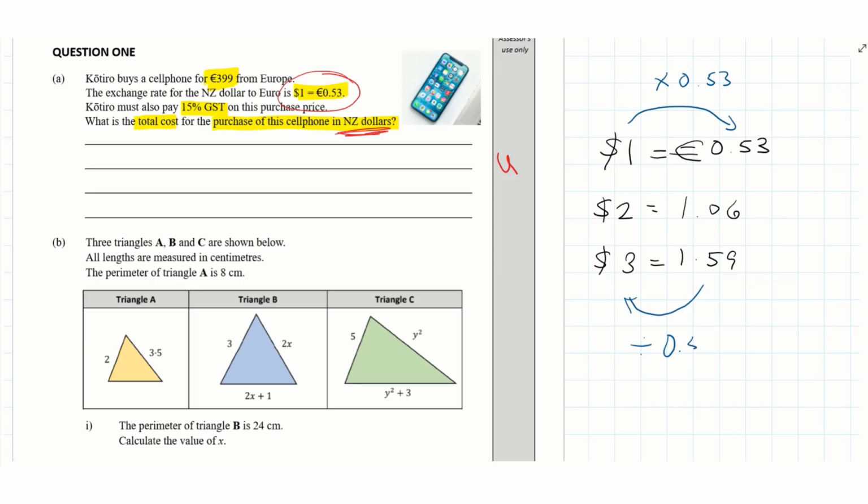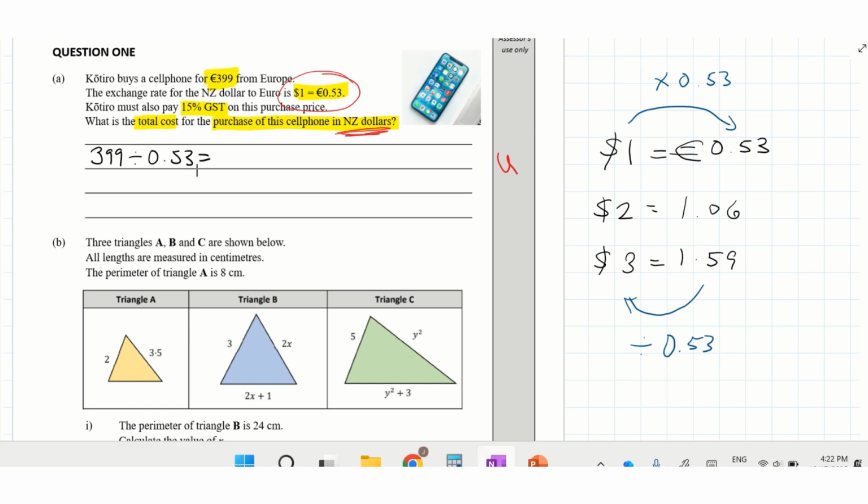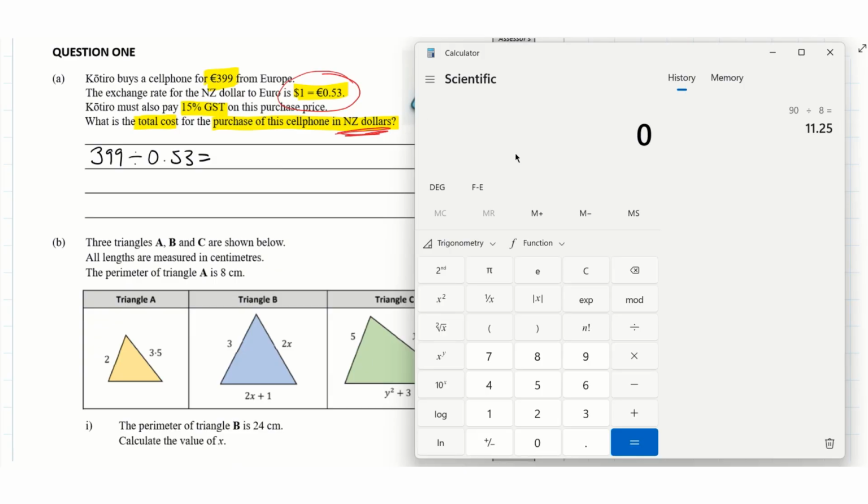Divide by 0.53. Okay, so that's exactly what I'm going to do. For my answer here, I'm going to go 399 euro divided by 0.53 is equal to, and then I'm going to pull out my handy dandy calculator because calculators are not cheating.